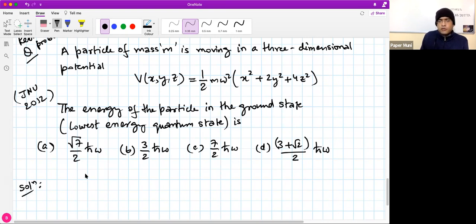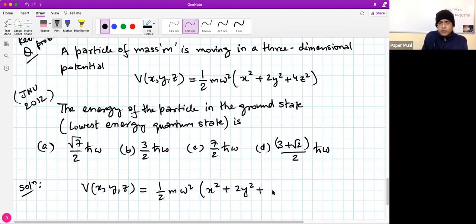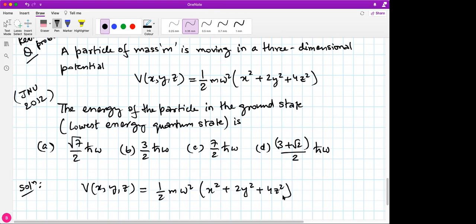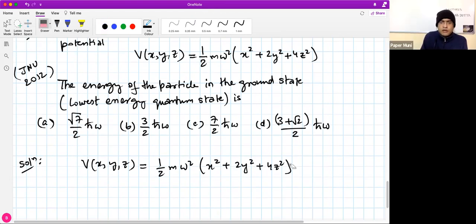Now how to solve these kinds of problems? If you observe the potential carefully and try to remember what we had written for this potential, x square plus 2y square plus 4z square, the answer is option D. You just have to arrange the problem in the following way: half m omega x square, plus half m omega y square, where the 2y square is multiplied in like this.